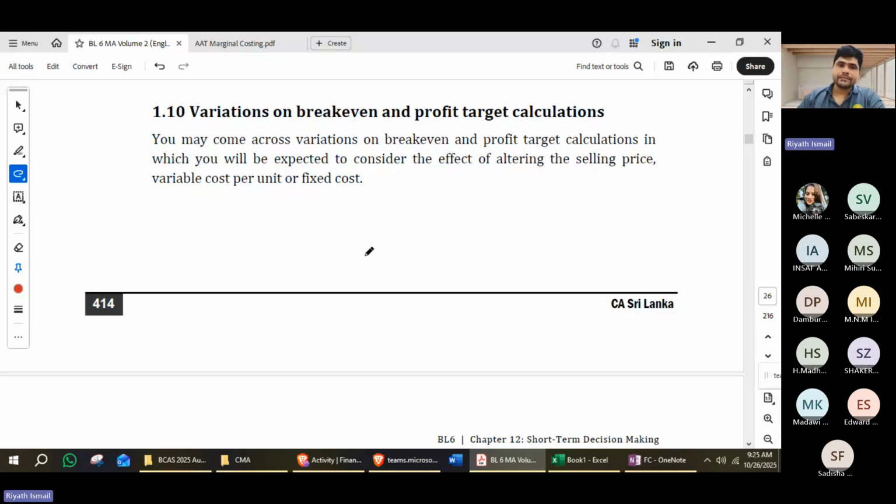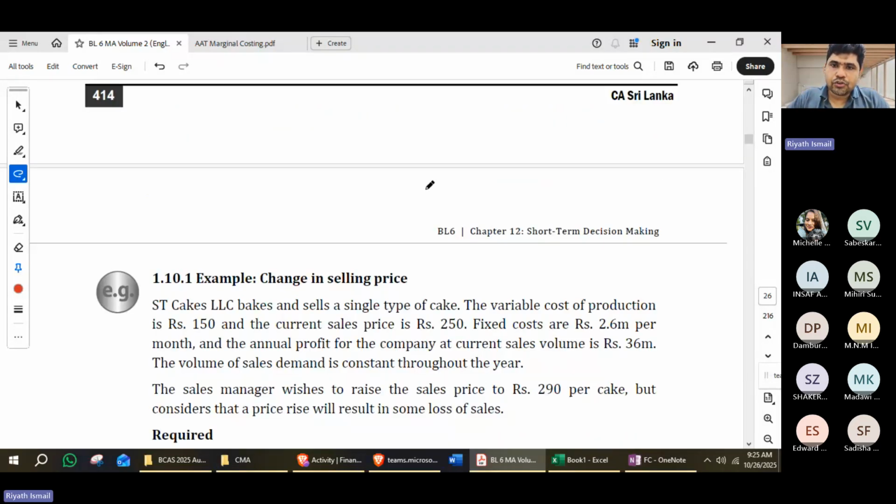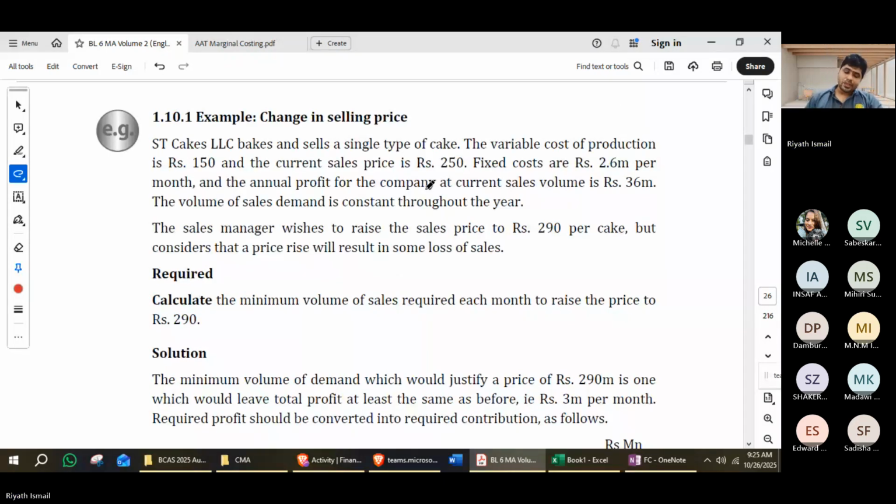You may come across variations on break-even and profit target calculation, in which you will be expected to consider the effect of altering selling price, altering the variable cost per unit or fixed cost. So anything may change in the future. If this kind of changes occur, how do we incorporate? Let's see.